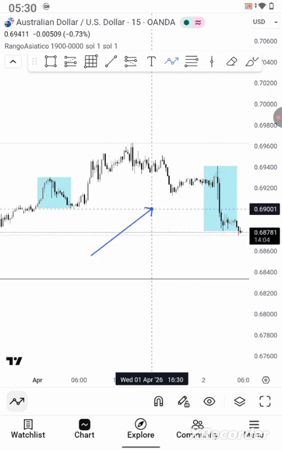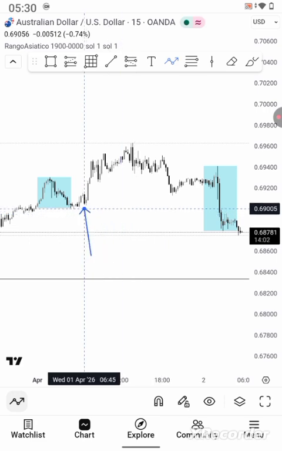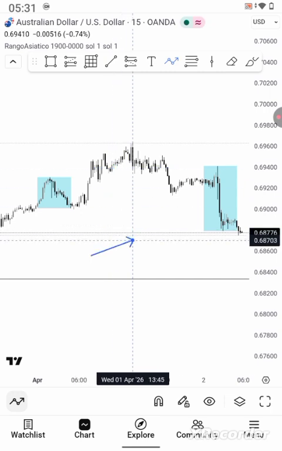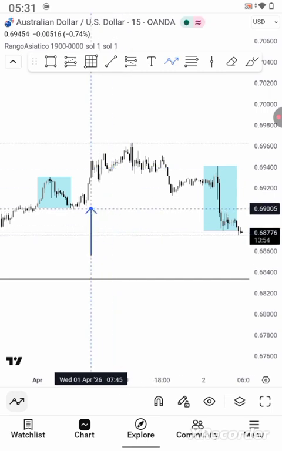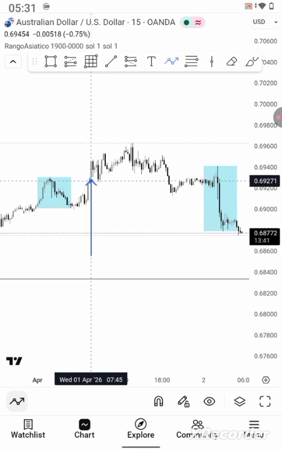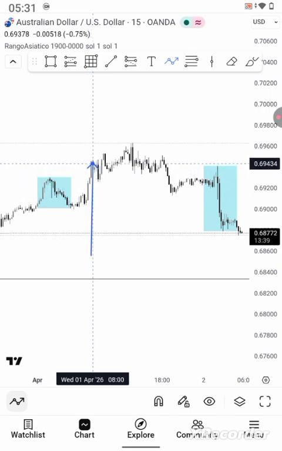Now let me tell you how the big players do. Whenever the big players want to sell, the big players don't like interruption. If the big players want to sell, do you know what they will do? They will first buy consecutively, so that people will think it is a buy.